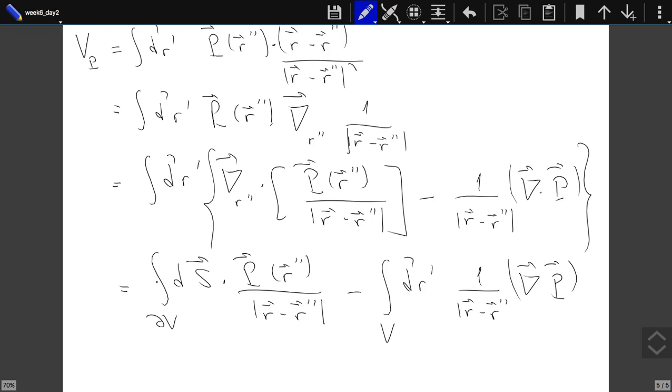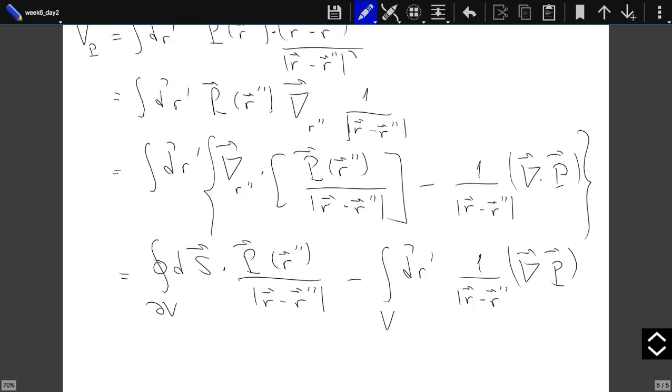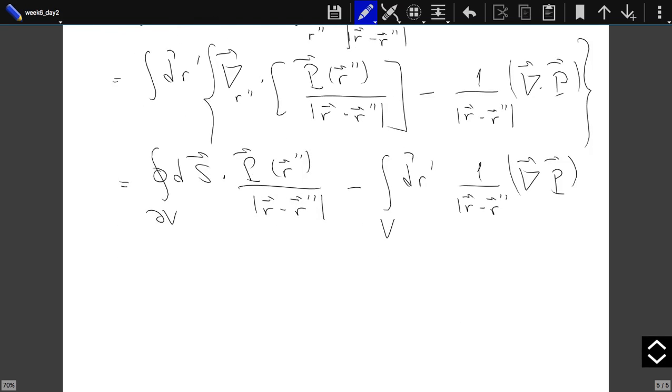This is an integral over the boundary of the volume, which, by the way, just looks like this expression over a surface sigma.